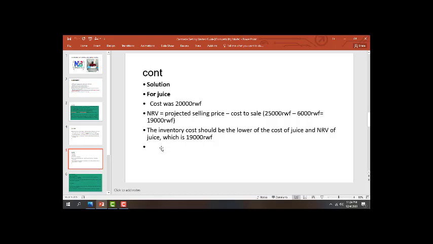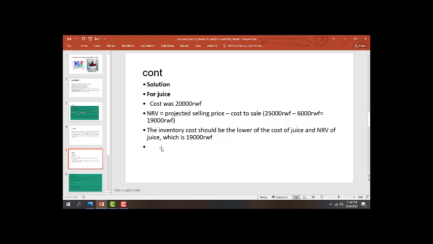If you return to the question, you will see this as the required cost to make inventory available for sale. So if you take 25,200 francs minus 6,200 francs, you get 19,200 francs.